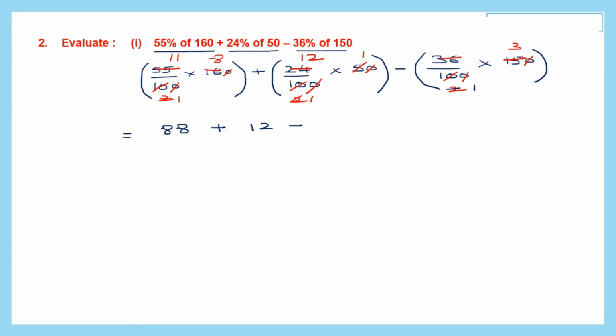So 18 here, and 18 into 3 is 54. So now what do I have? 88 plus 12 minus 54. 88 plus 12 is 100. And we have to do 100 minus 54. And how much is 100 minus 54? 46. So answer here is 46.